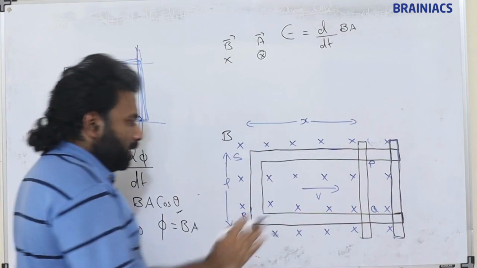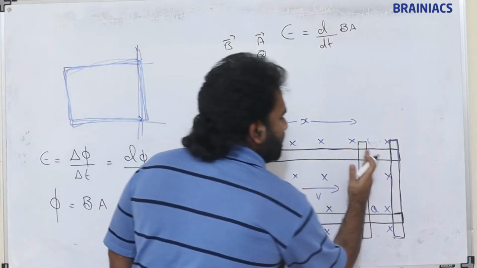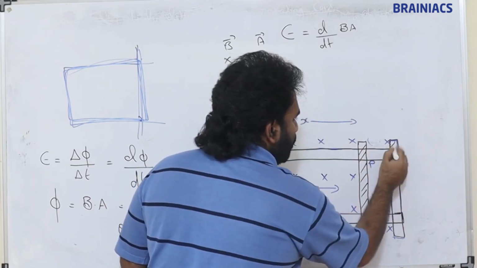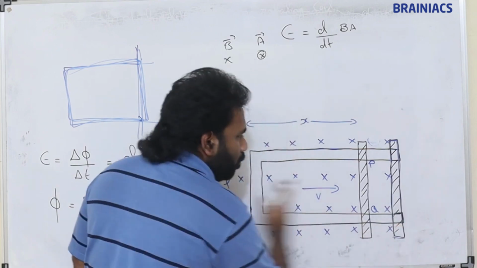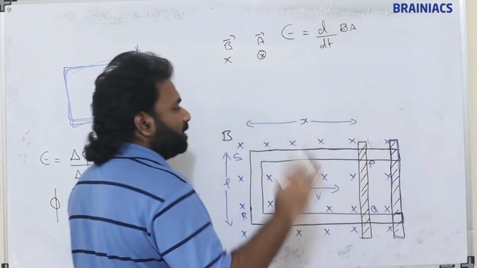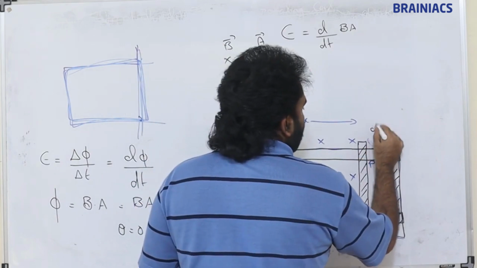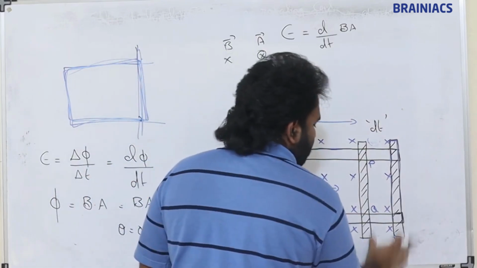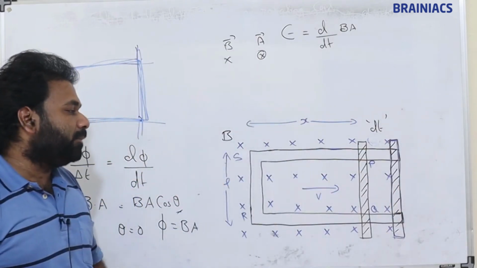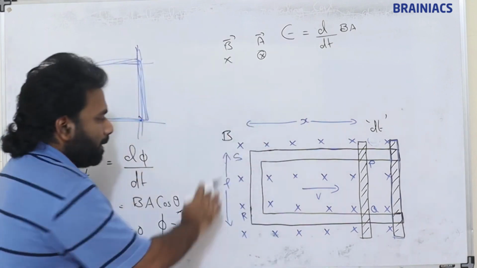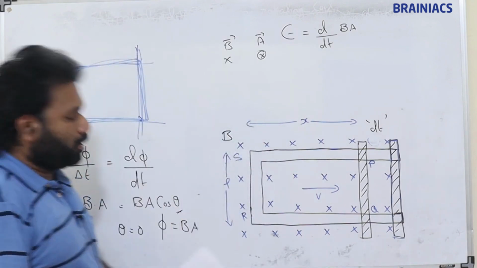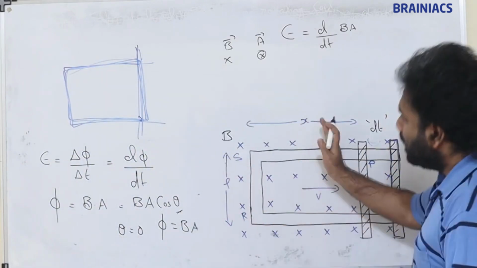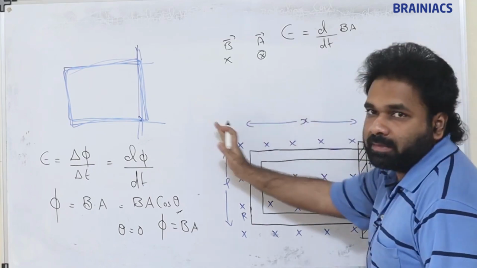BA. Now when this rod is moving in this direction, say for example, in dt time it has moved this much distance. This length is constant, but this x is varying.